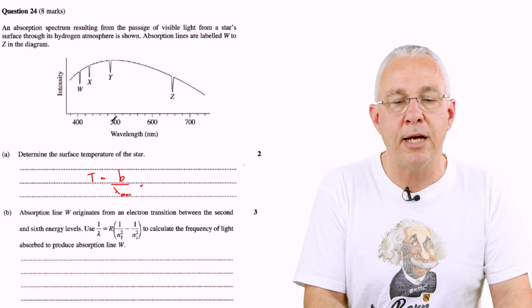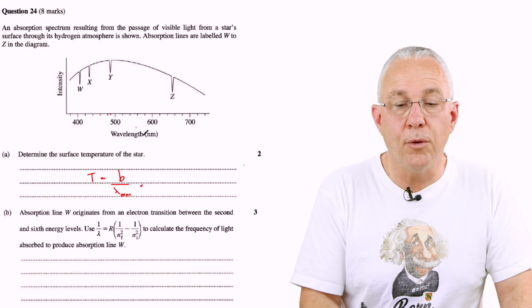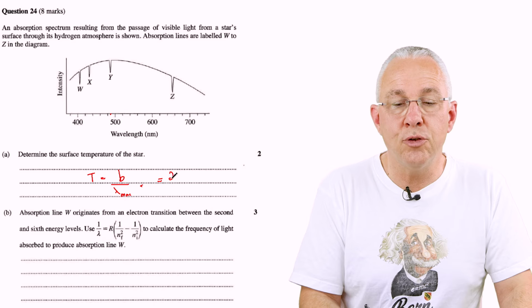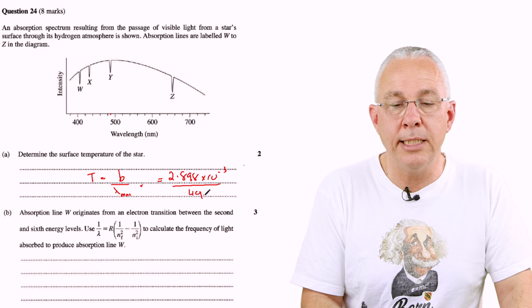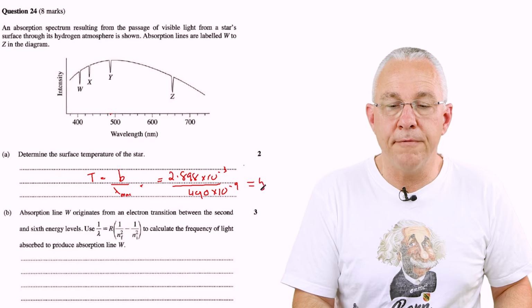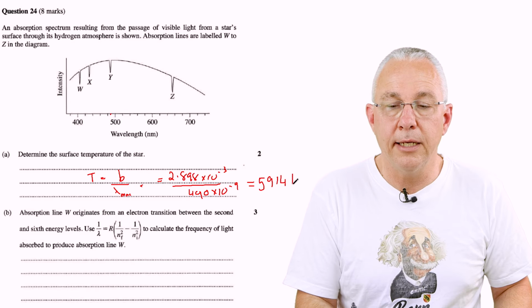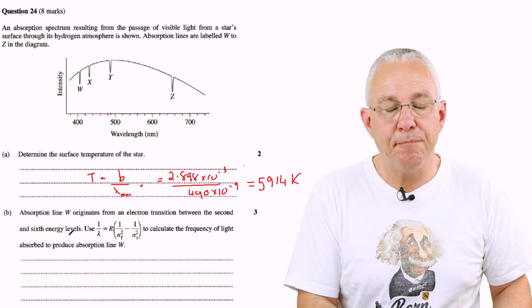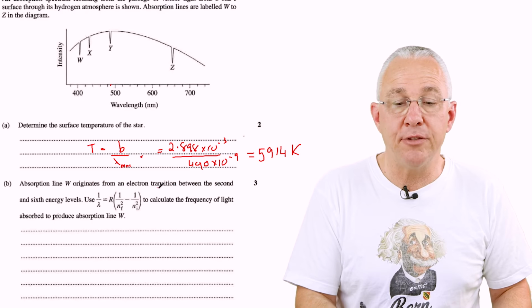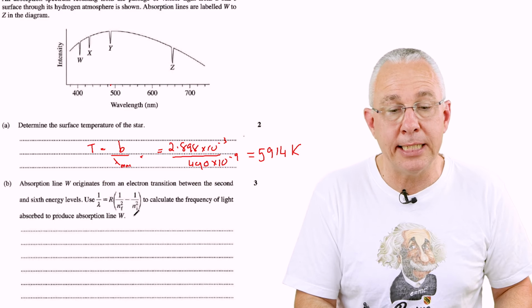Now, if we read off the graph, we can see this is approximately this value here, which I'm going to suggest around 490. So I get 2.898 by 10 to the power of negative 3. I divide this by my 490, but remember this is in nanometers, so I have to multiply this by 10 to the negative 9, and I get an answer of 5,914 Kelvin.